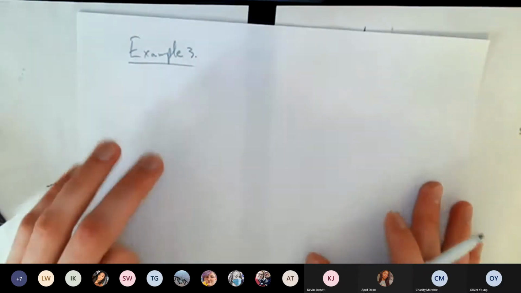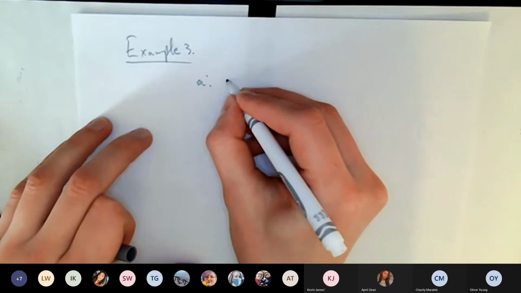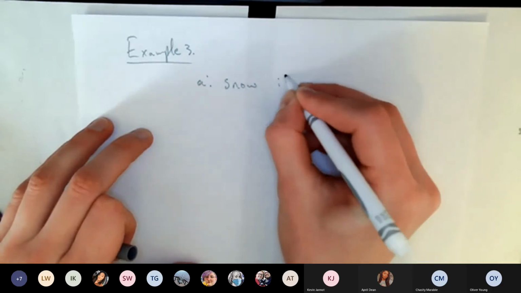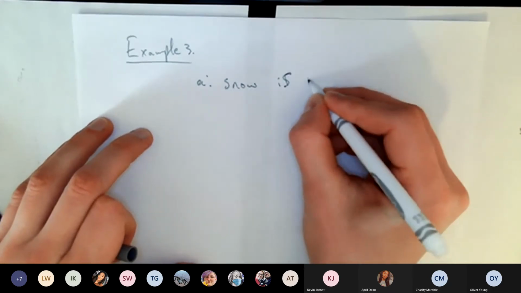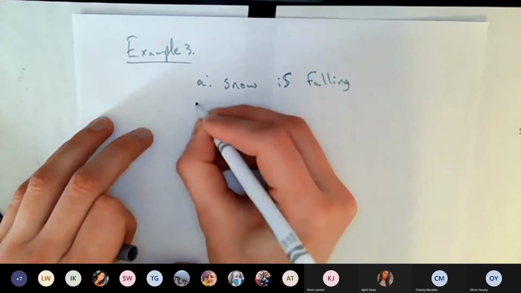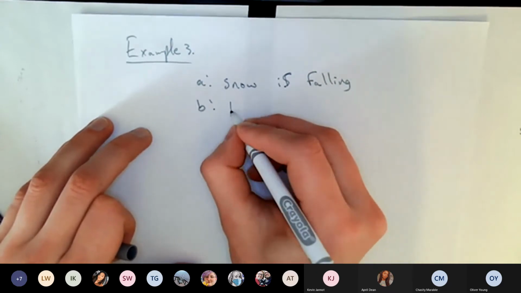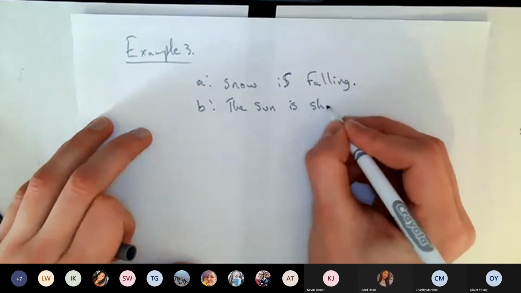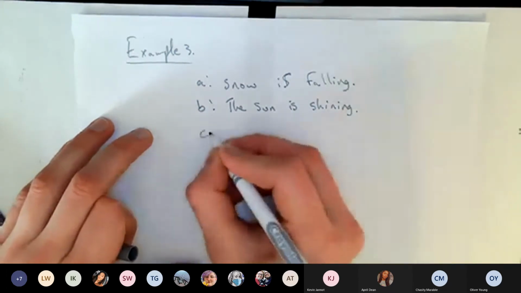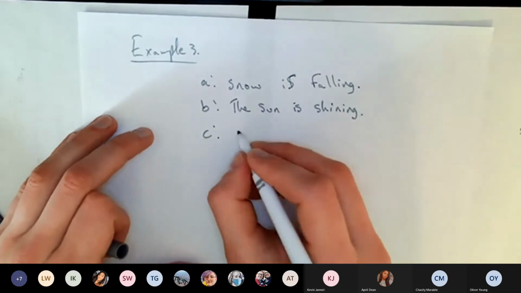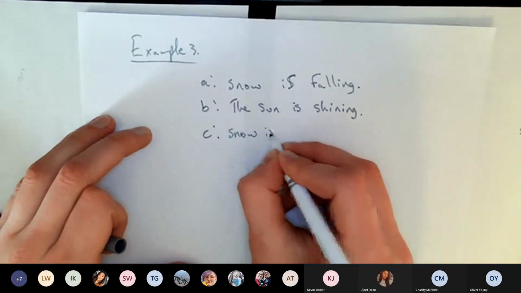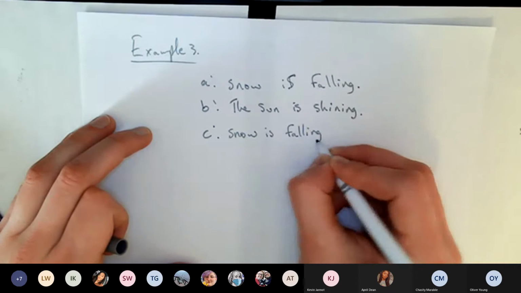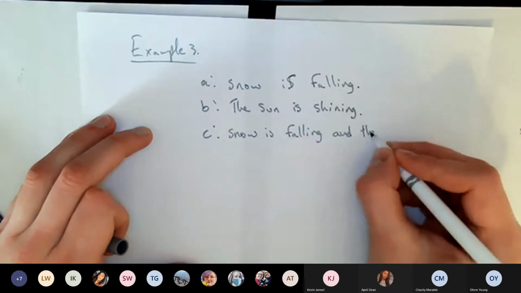Example 3 says to use the following simple statements A and B to symbolically write the given compound statement C. So if A is snow is falling, and B is the sun is shining, and C is snow is falling and the sun is shining.